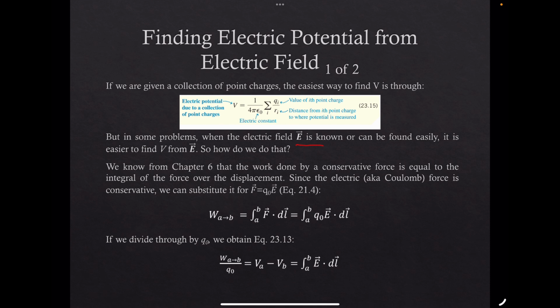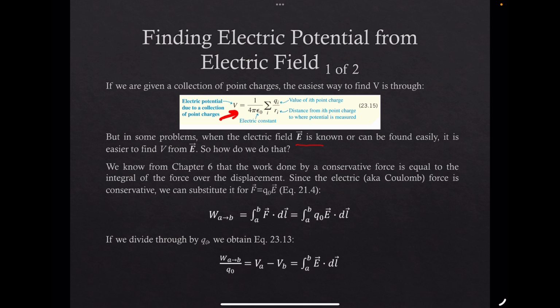We kind of know everything we need to know. If we see a point charge, we can already write down everything we need to know about it. We know the direction of the E field, we know the magnitude, all right, given by the equations in 21. So sometimes, instead of calculating the potential this way, it may be easier to use the electric field knowledge, okay?